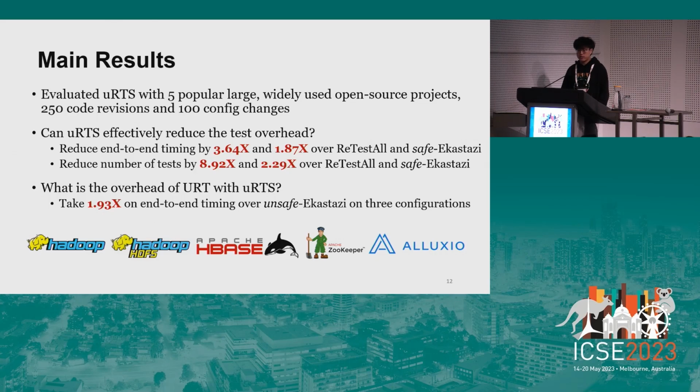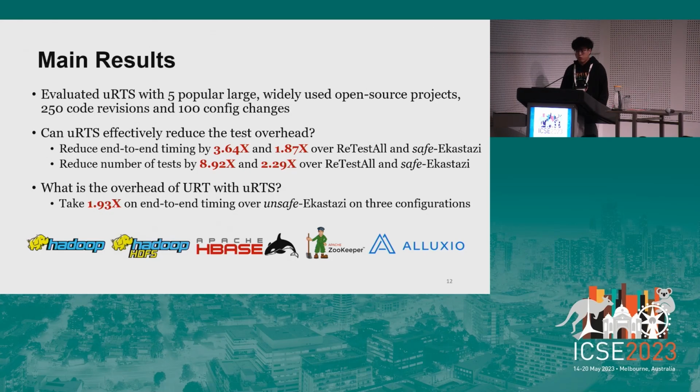Our result shows that URTS can reduce end-to-end testing time by 3.64 times and 1.87 times over retest all and safe Ekstazi. Safe Ekstazi is a safe RTS that considers all configuration changes. And it reduced the number of tests by 8.92 times and 2.29 times over retest all and safe Ekstazi.